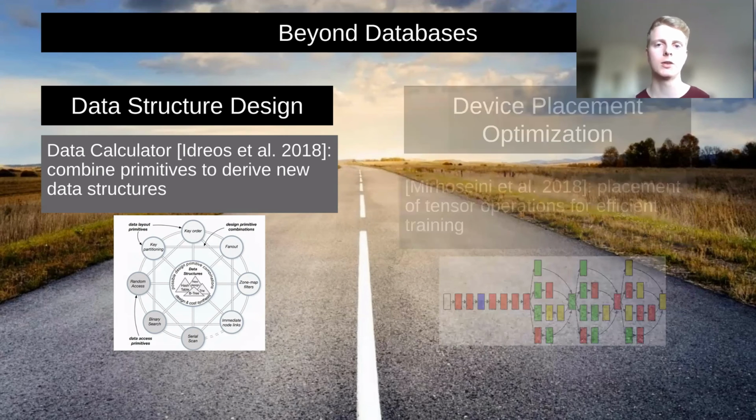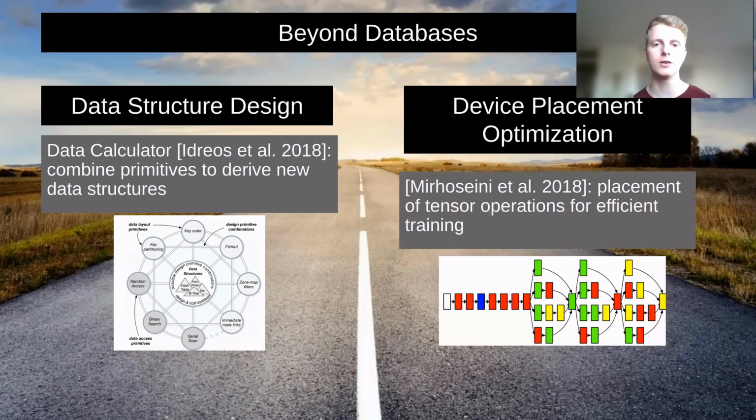In addition, we think there are also applications in machine learning systems. So there's one example where the placement of tensor operations was optimized for efficient training. So we basically want to assign tensor operations to GPUs in a distributed setup, which is a quite hard problem. And to stay in our terminology, this is workload driven.